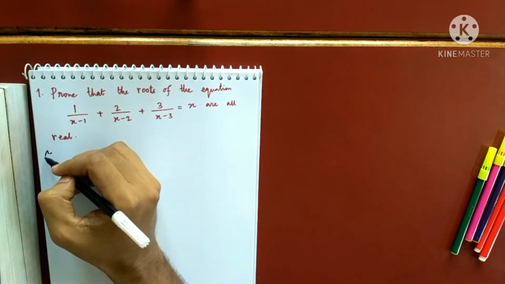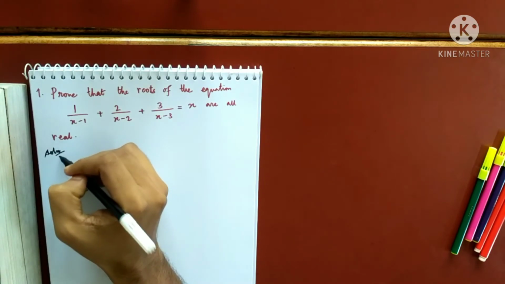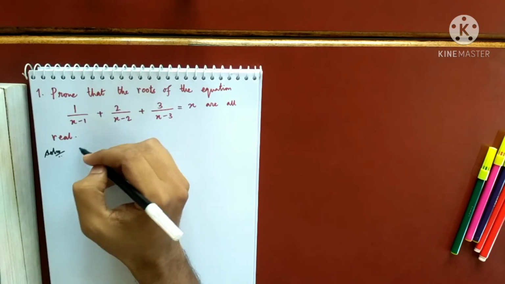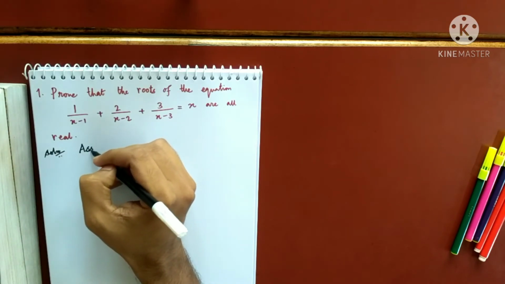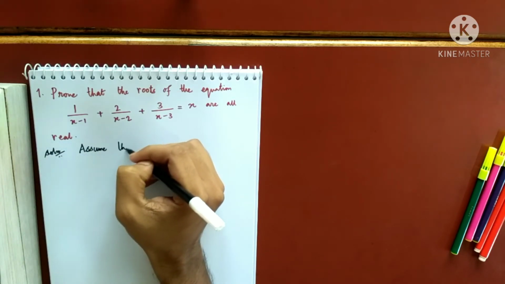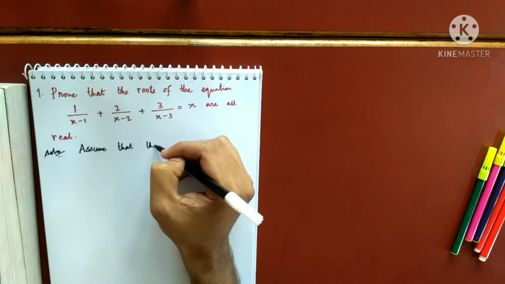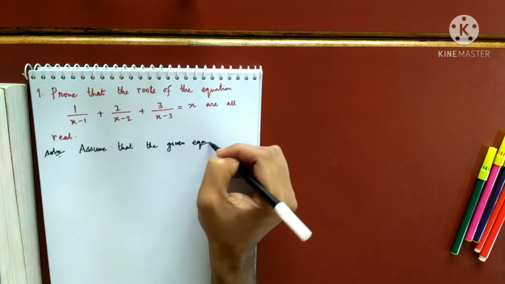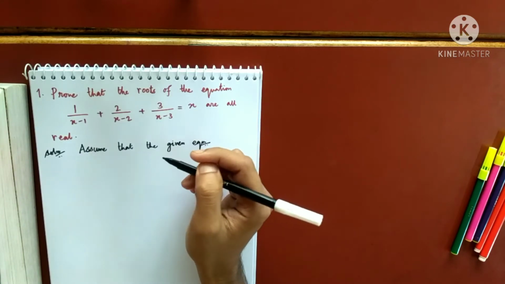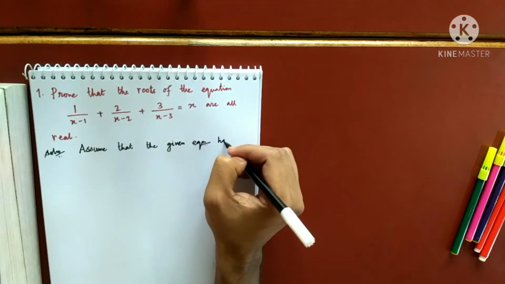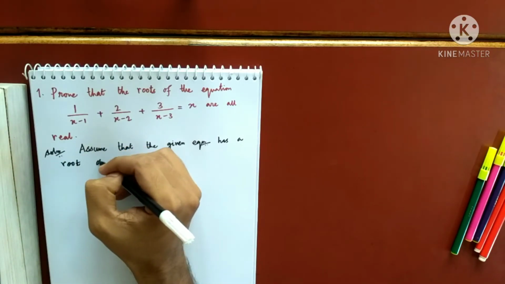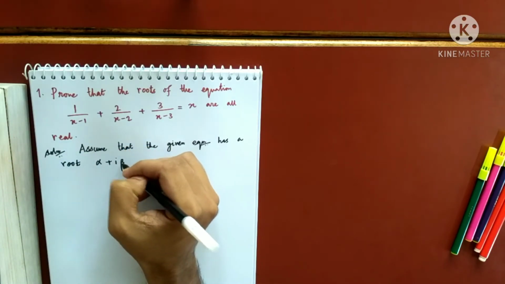So the solution. Assume that the given equation has a root alpha plus I beta.